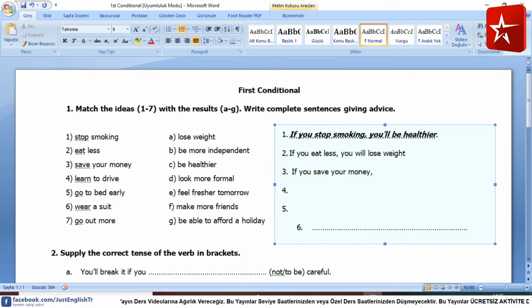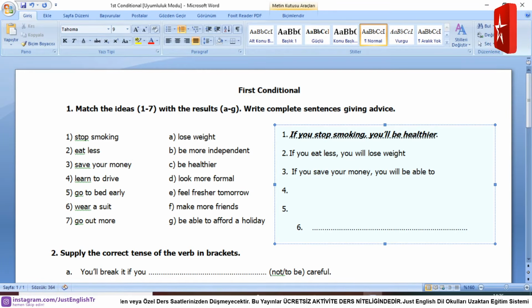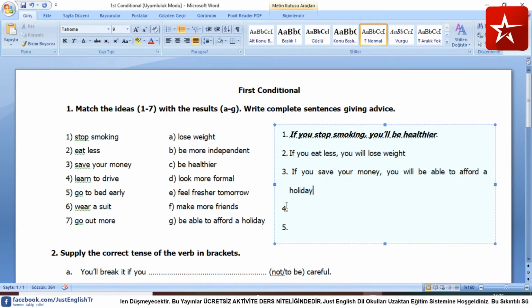If you save your money, you will be able to afford a holiday. It's a good answer. So number 4, learn to drive.